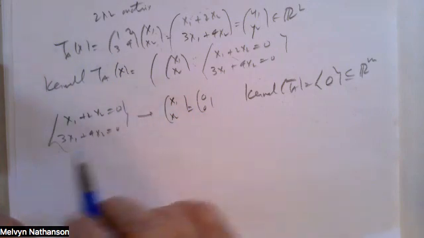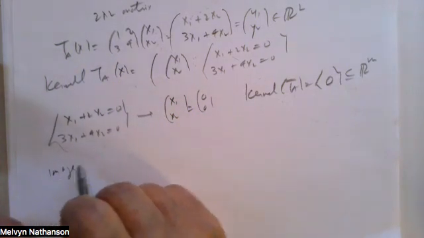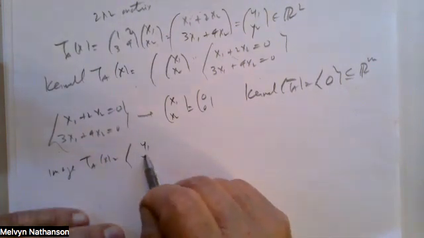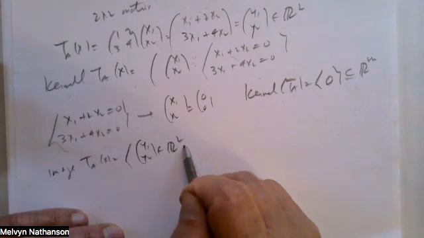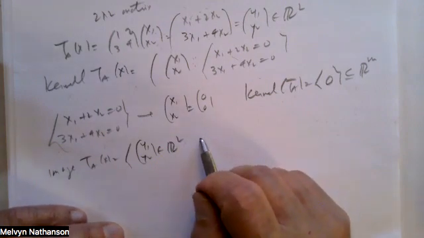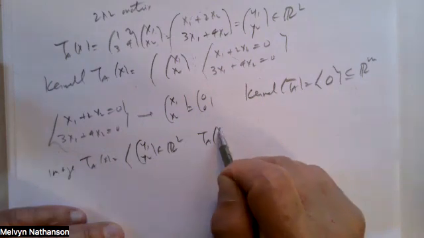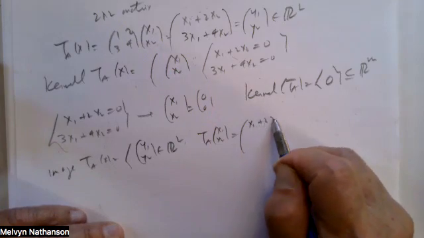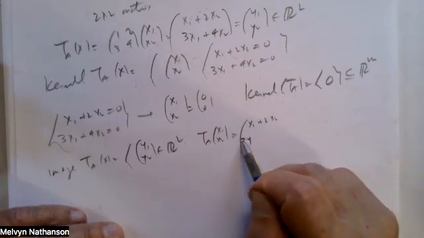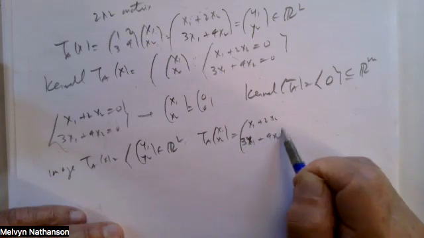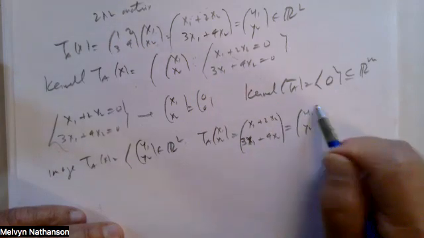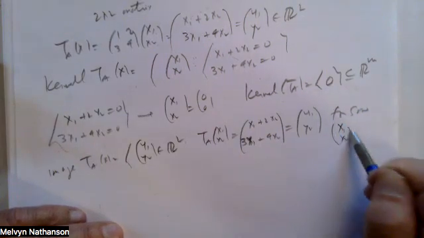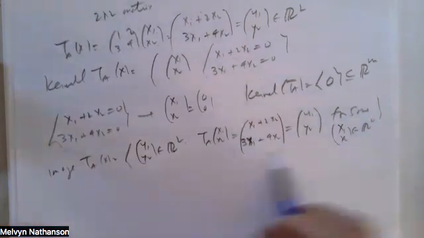And what is the image? So the image of T sub A, we write that it's all vectors y1, y2 in R2 such that T sub A of x1, x2, which is x1 plus 2x2, 3x1 plus 4x2, equals y1, y2 for some x1, x2 in R2.